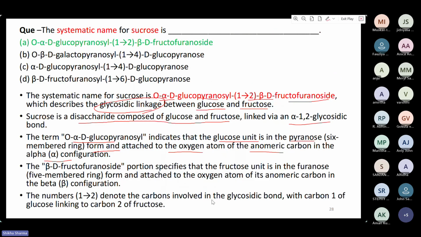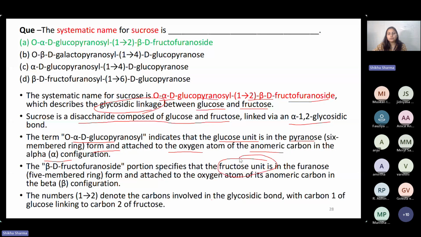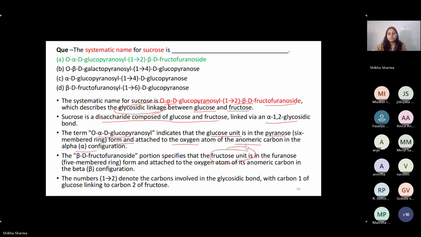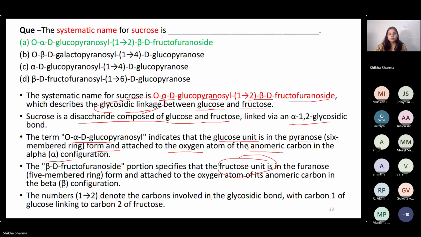Next is fructose. The beta-D-fructofuranoside portion specifies that there is a fructose unit in the furanose, which is the 5-membered ring form, and again attached to the oxygen atom of its anomeric carbon in the beta configuration.